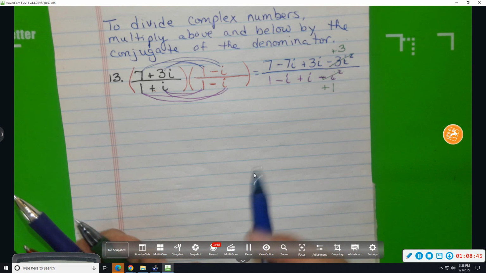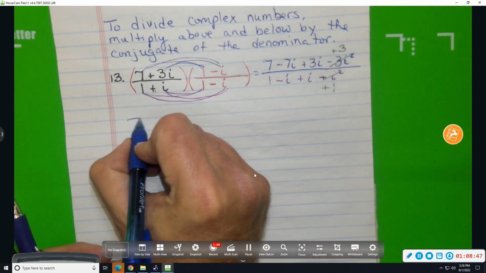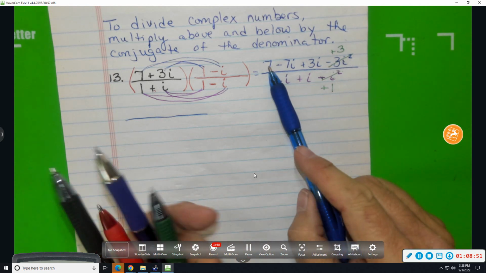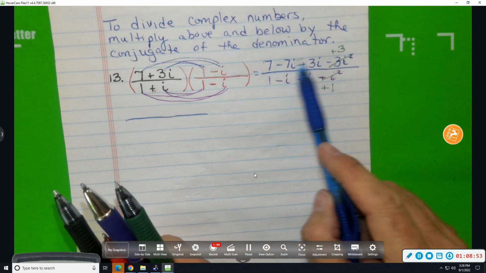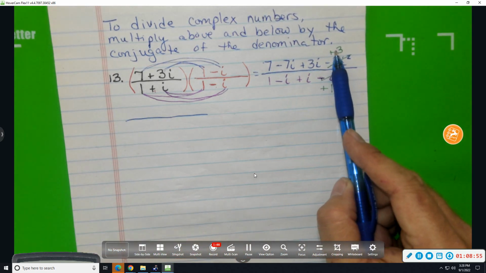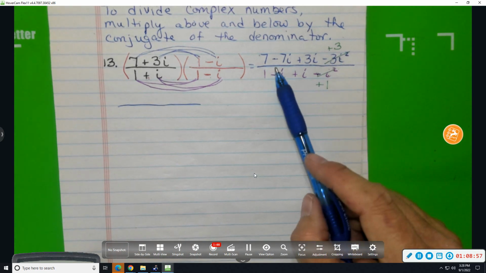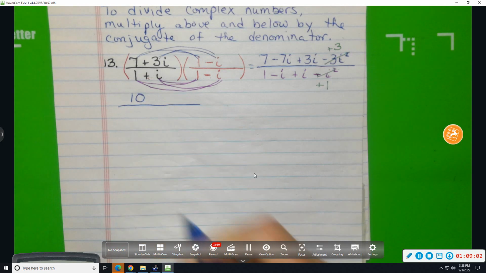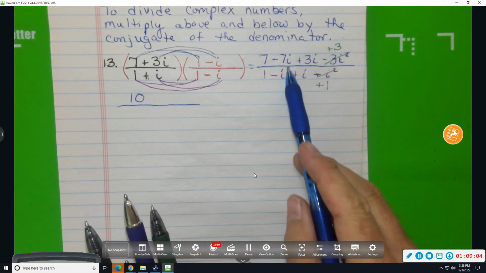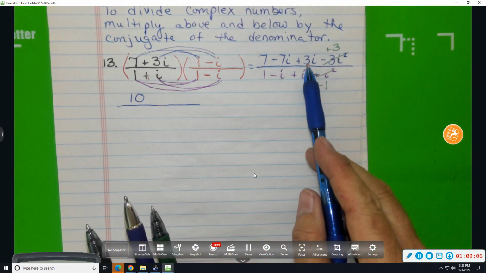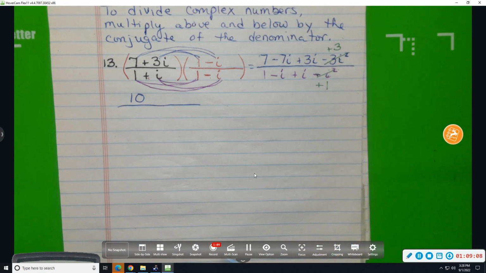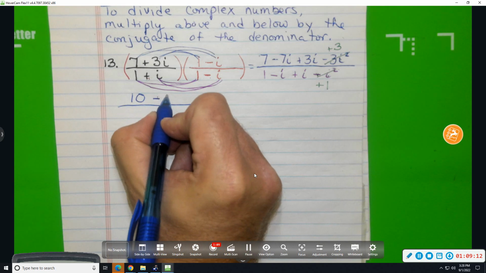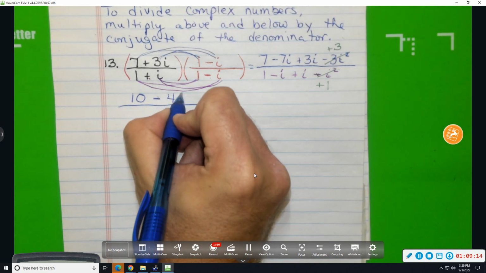And now let's combine everything. Let's do the top. We have a 7 and a plus 3. Is that going to be a 10? And then, let's see, negative 7i plus 3i. Is that going to be a negative 4i?